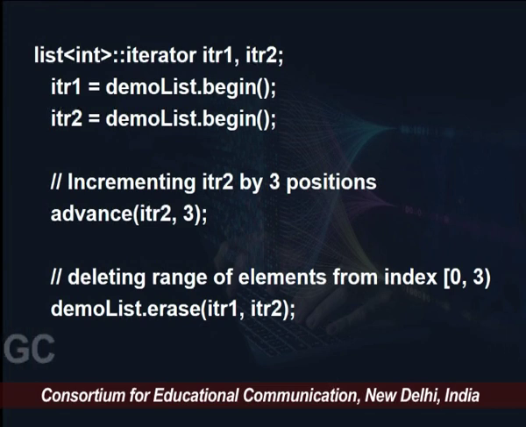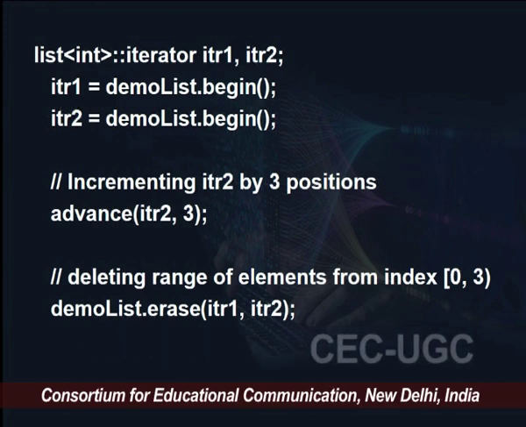Similarly, for the second one, which is itr2, we have set the position at the beginning. Now the 2 iterators are pointing towards the beginning position, and then we have incremented itr2 by 3 positions by using the function advance, and this function advance we have seen earlier also.